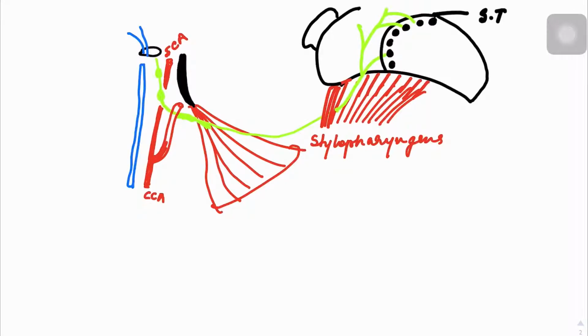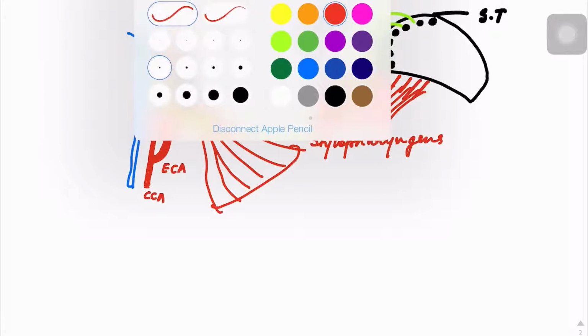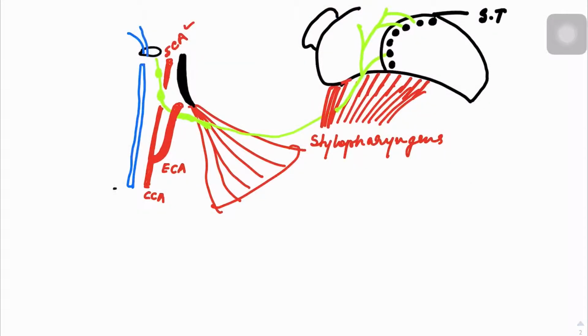So let us say this is my external carotid artery, which is a branch of the common carotid artery. So my glossopharyngeal nerve is related to two important vessels. One is the internal carotid artery and the internal jugular vein in the initial part. So let us say here, upper 1/3.